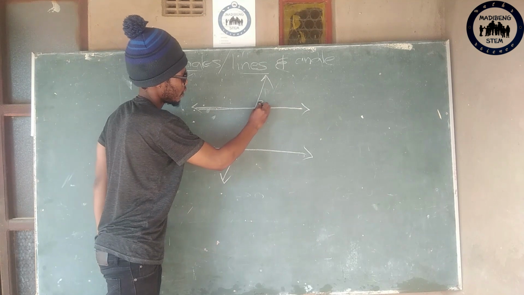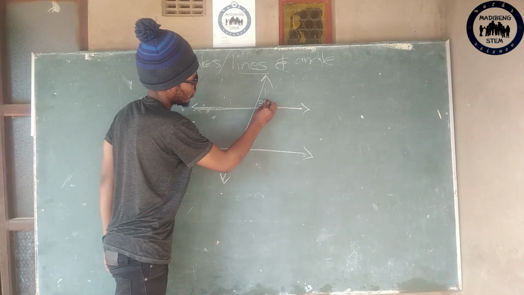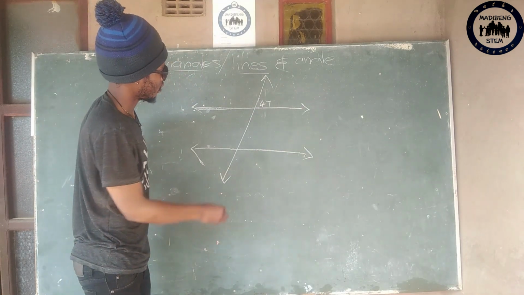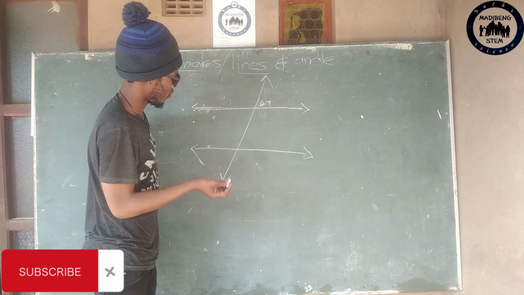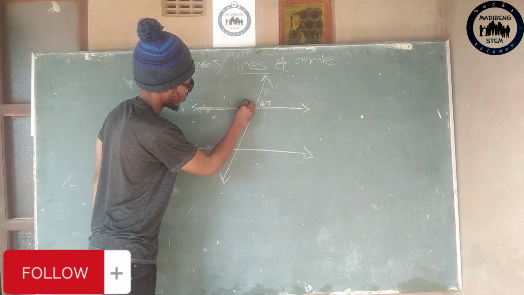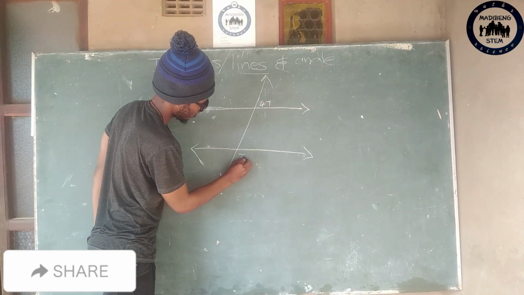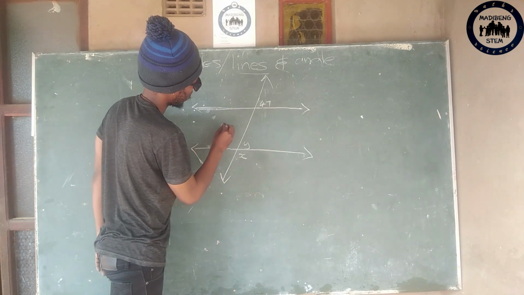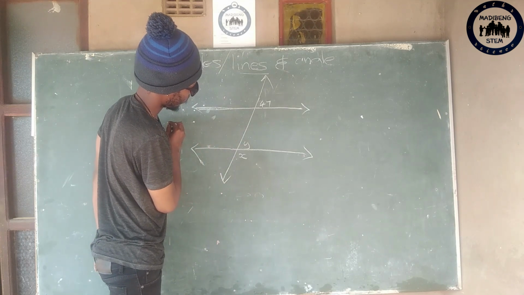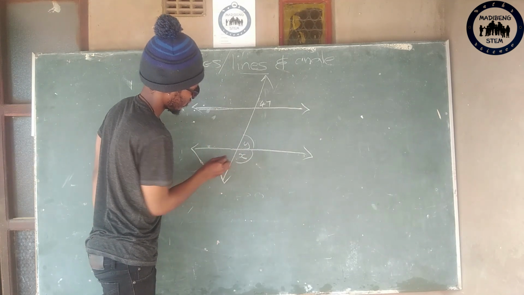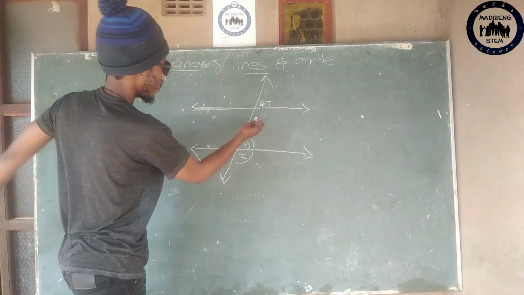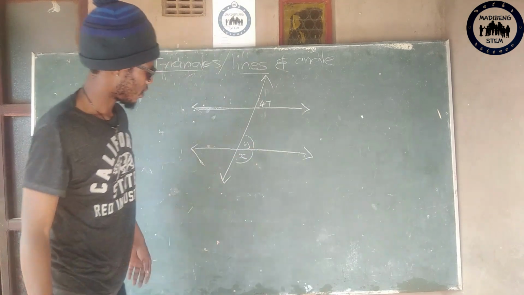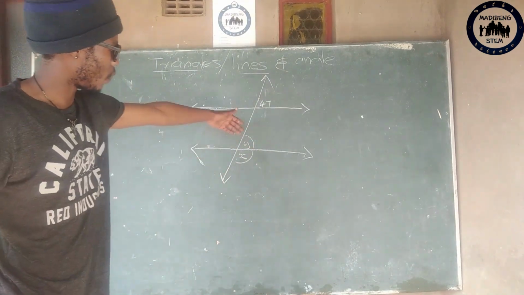We have 47 here, and then they say look for what is angle Y and what is angle X. Find the missing angles Y and X.